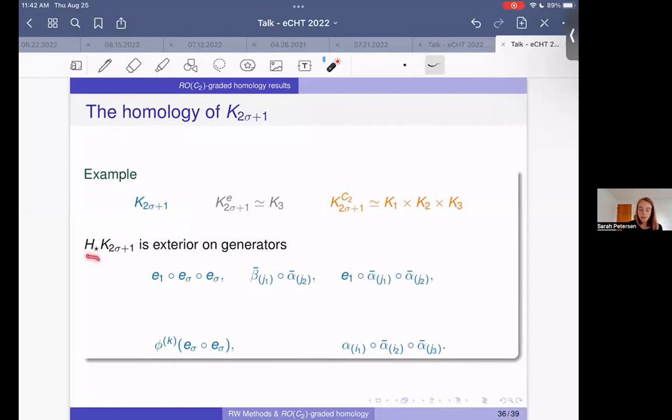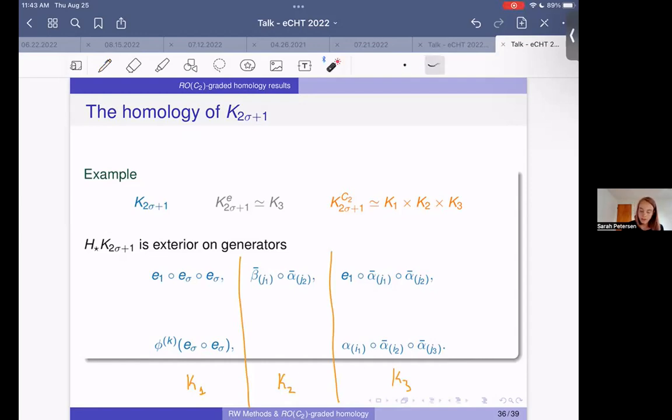So you can compute that the homology of K2 sigma plus 1 is exterior on this set of generators, where this first column of generators corresponds to the K1 fixed points. The second column on the fixed points level gives you K2, and this third column gives you K3, and then all together on the underlying, it gives you K3.